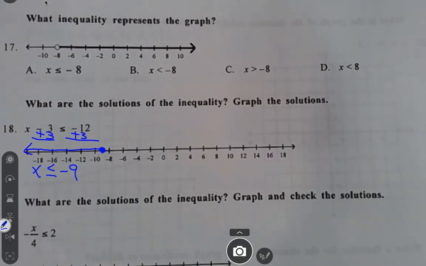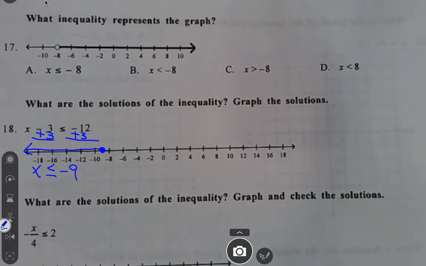I keep getting confused. Students learn different ways to know that, like the alligator eats the bigger number, but it doesn't work like that on this one. You'll just have to know less than and greater than.